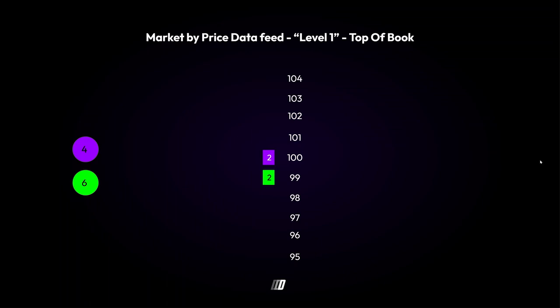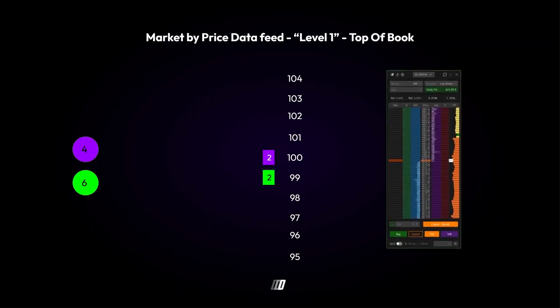The first type is market by price data feed, level 1, top of book. So when you get this and you open your depth of market, you're basically only going to be able to see the first two levels. As you can see here, 100 and 99.